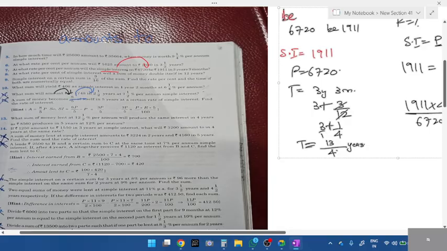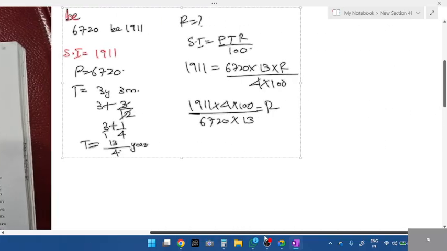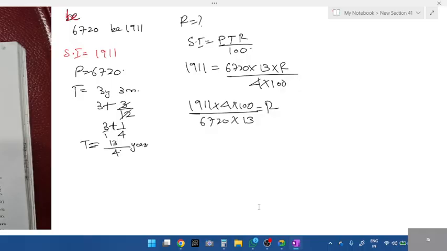So 6720 is the principal, 1911 is the interest. Time is 3 years, 3 months. Complete this. Calculate it. Calculate later. Just make a note of this. We'll move on to the next one.